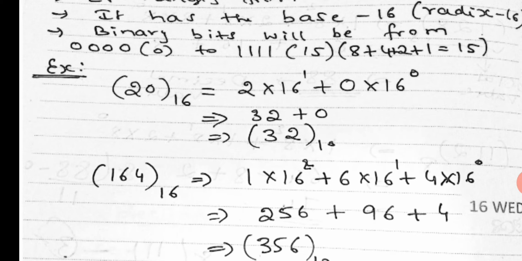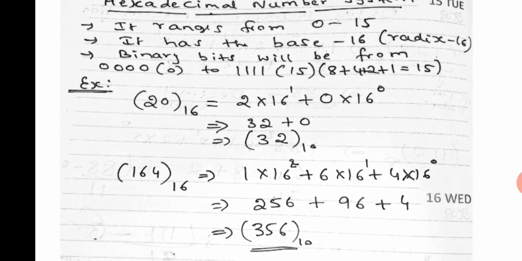If I have written 20 to the base 10, then it is a decimal number. So after interpreting 20 to the base 16, you got 32. Always remember it will be in decimal form. That is why I put brackets and 10, just for your understanding. After interpreting, ultimately you are going to get the decimal value.